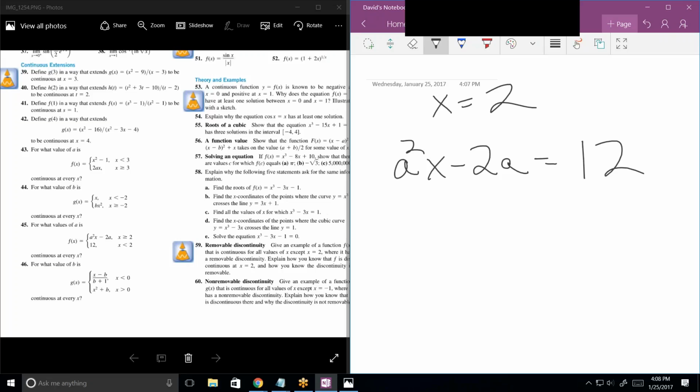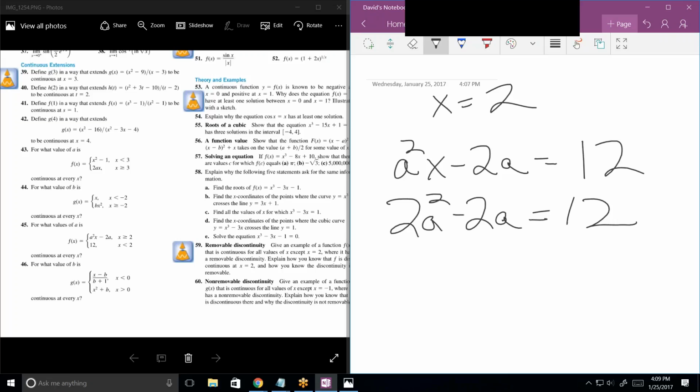Okay, so now what's the next line I can write? A squared times 2 minus 2a equals 12. And help me solve that. So I would take an a out of the left side. No? Here's what I want you to realize.